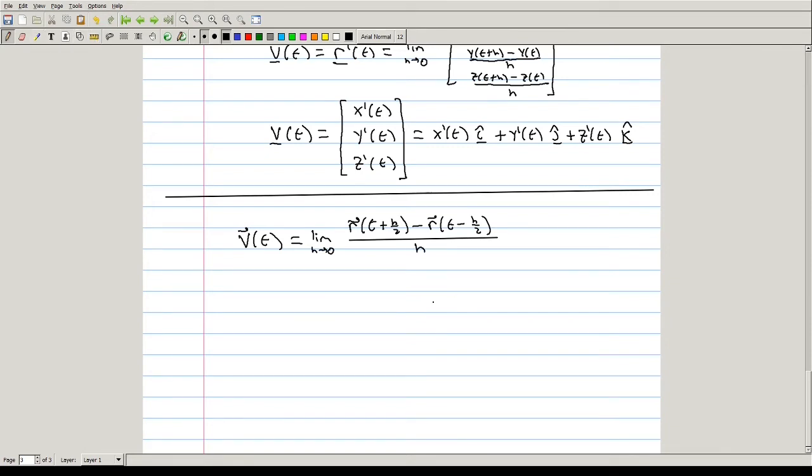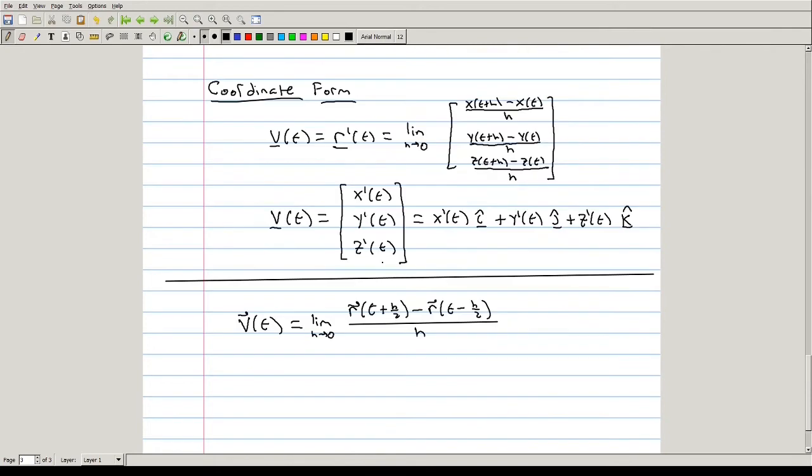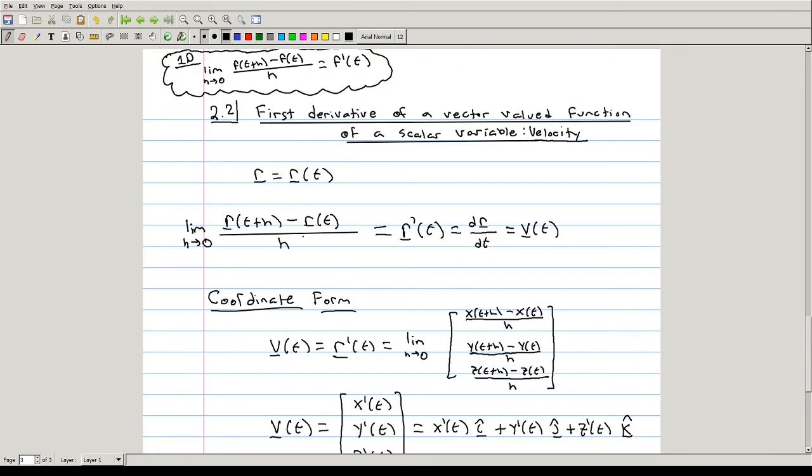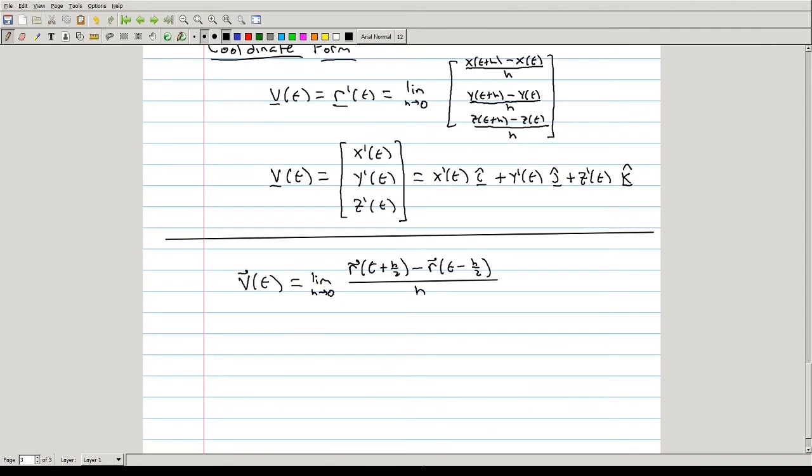It turns out if you use this to approximate the tangent vector at a point, it's actually a better approximation at that point. But as long as the limit exists, it'll be the same thing as this limit right here. I'll show a picture of this right now so we can see that.